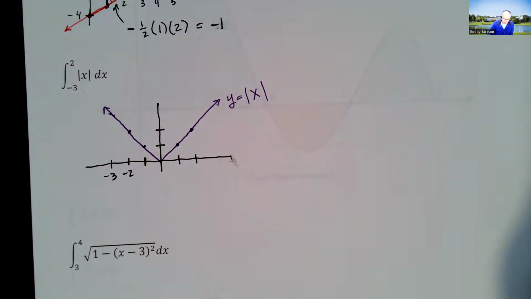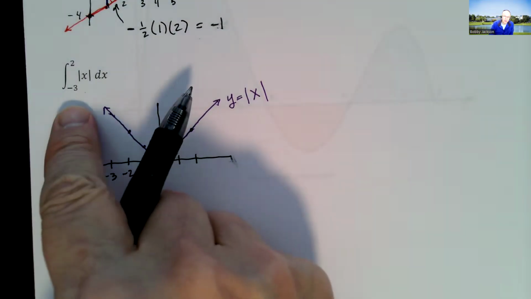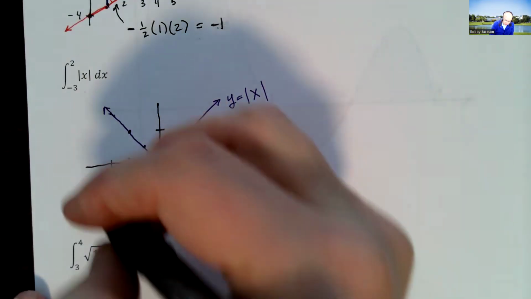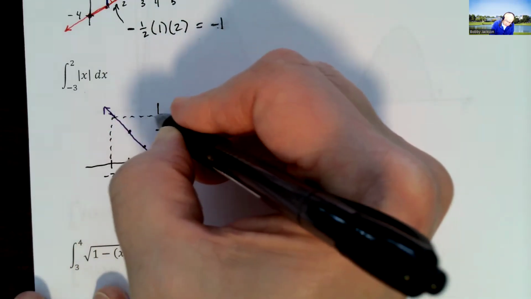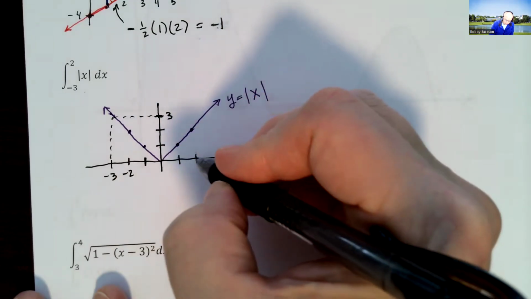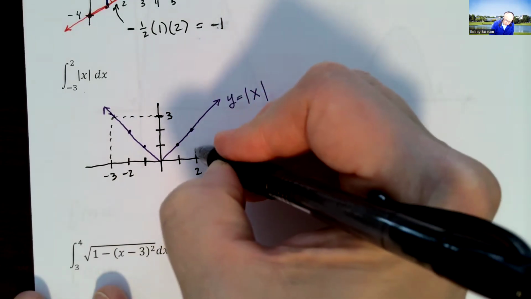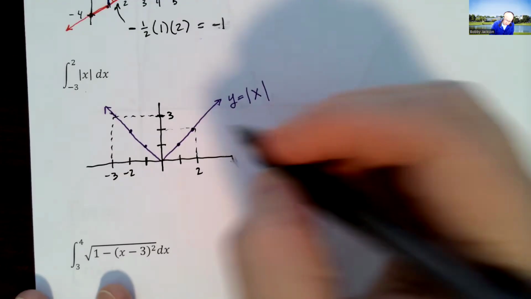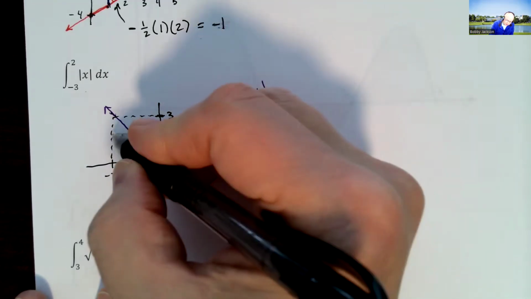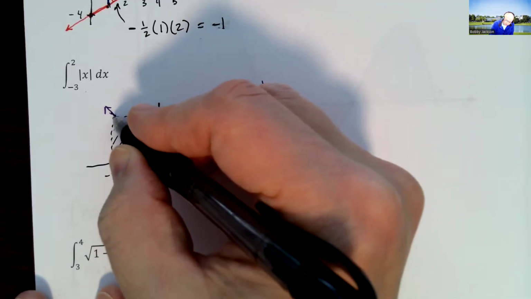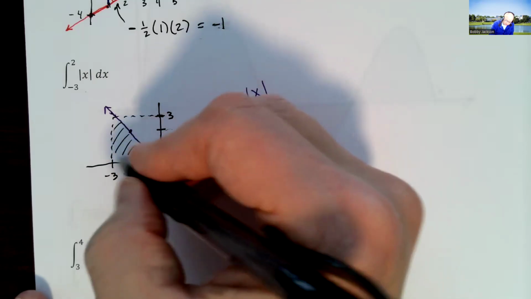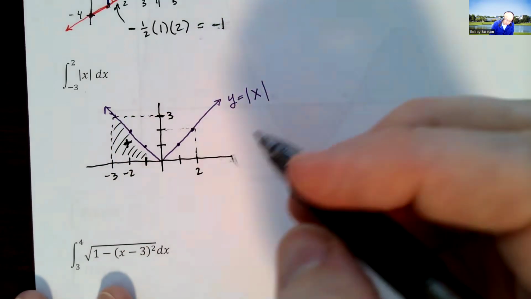Okay. And so where are we going from? The lower limit is -3, upper limit is 2. So at -3, of course, our height would be equal to 3, and at 2, the height is equal to 2. And so from -3 to 0, what do we have? A triangle. The graph is above the x-axis, so this area will be counted as positive area.